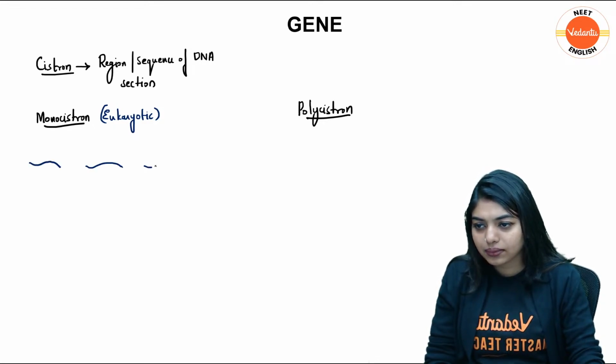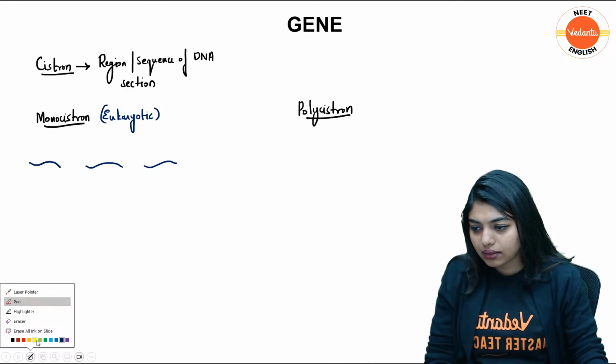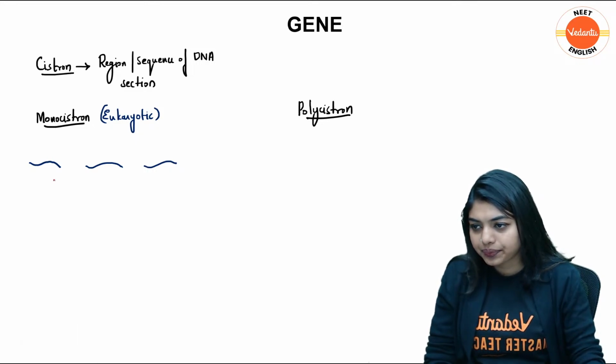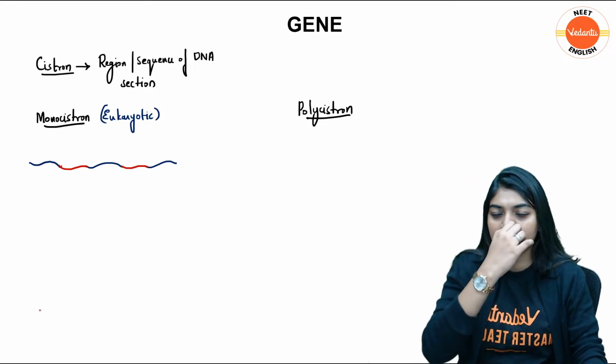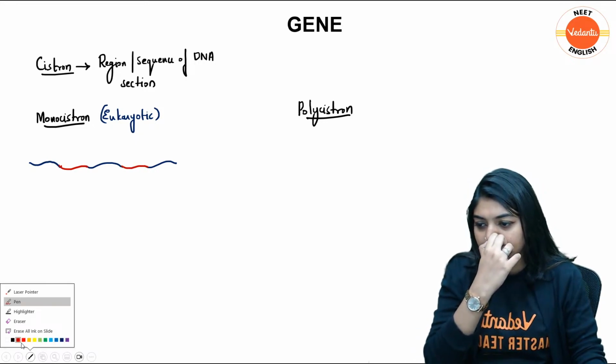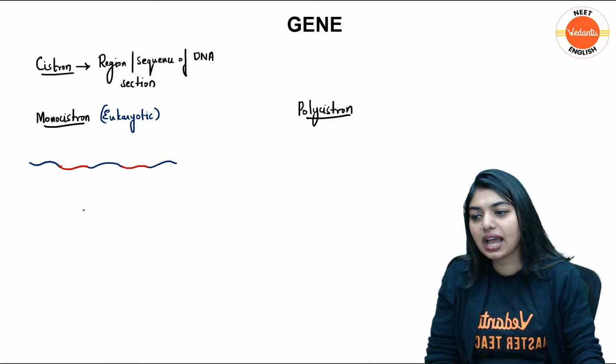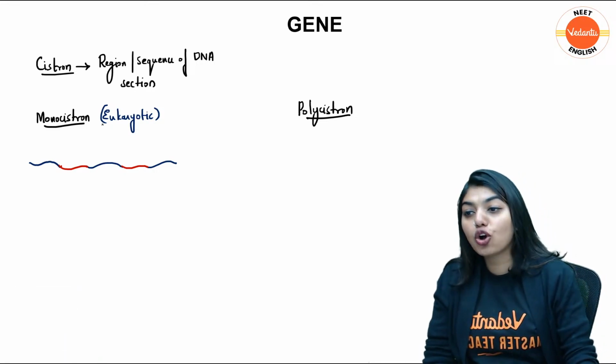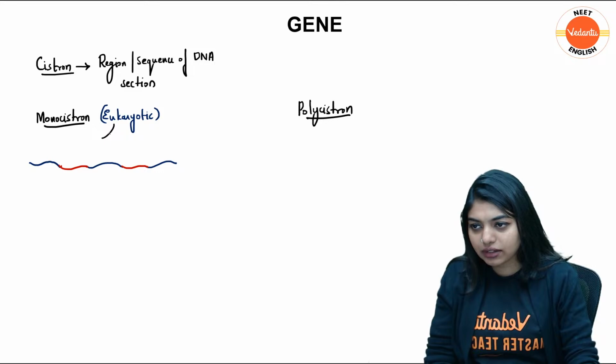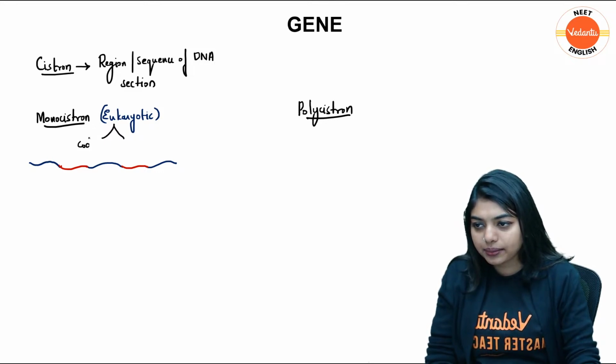Okay, if you look here, this is how our eukaryotic gene will be. That means we have some portions, okay, we have some coding and non-coding sequences. Okay, eukaryotic genes will have some coding and non-coding sequences.